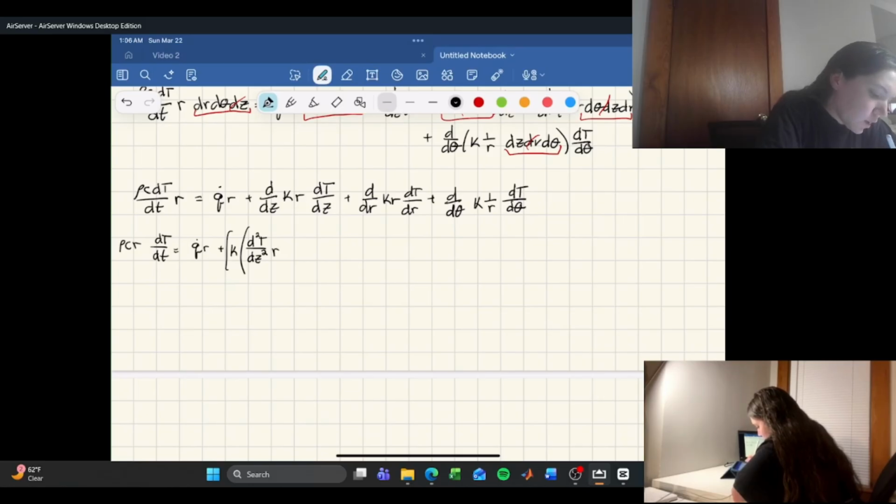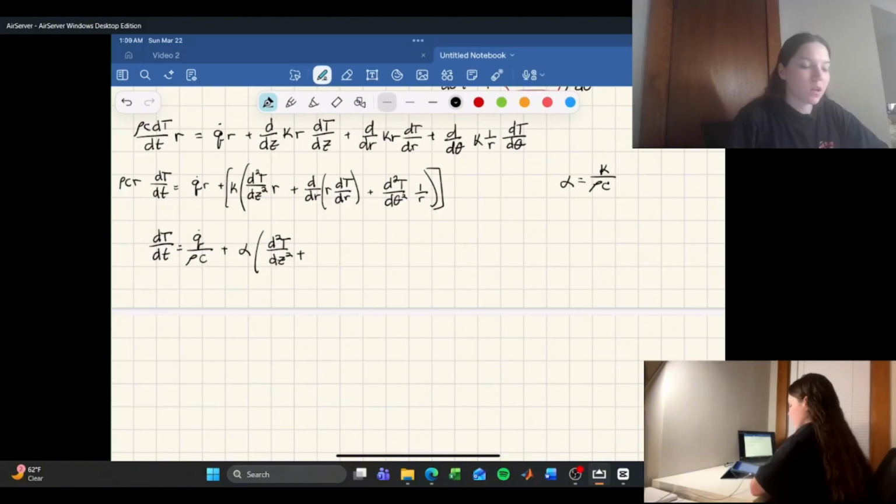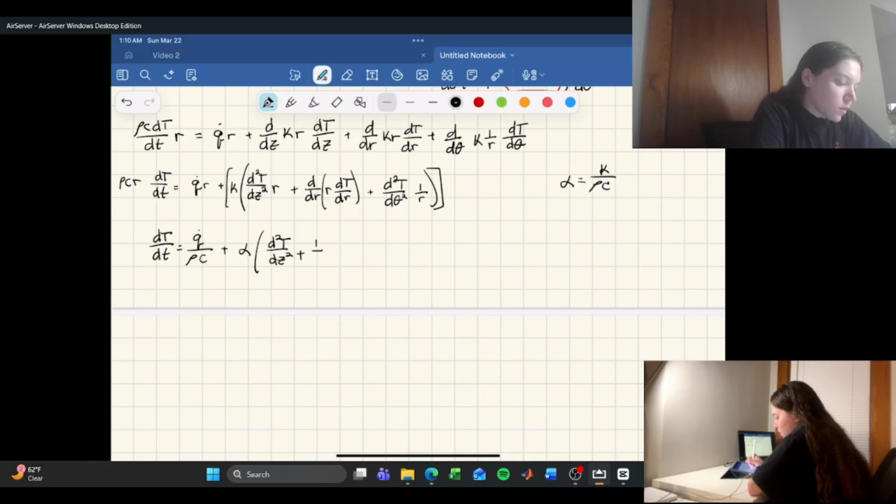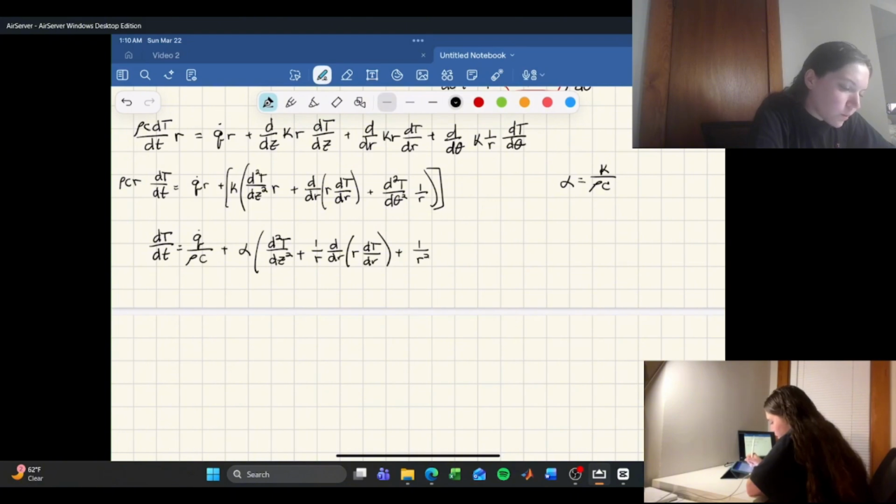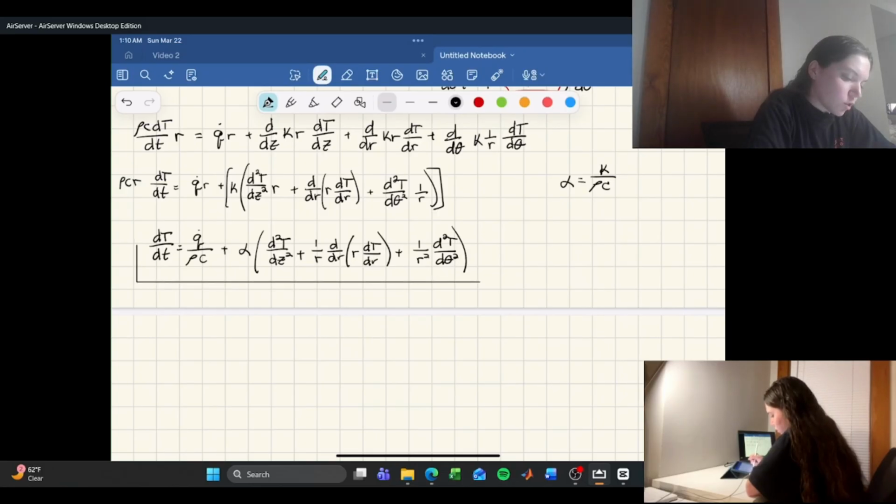Plus, this is plus 1 over r, because we're dividing the r over, and then d over dr. Like I said, this was differentiable, so this stays the same. Plus 1 over, this is now r squared, times the second derivative of the change in temperature over the change in theta. So this is the final heat diffusion equation for cylindrical coordinates.